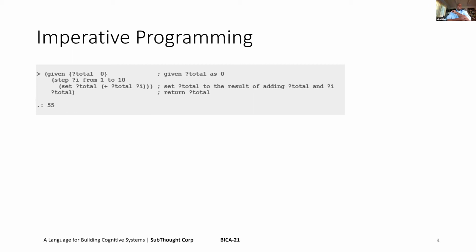We have a function called given, which functions as a let in Lisp, for anyone familiar with Lisp. So this particular example says given a total as 0, step I from 1 to 10, and set total to total plus I. And then return total.